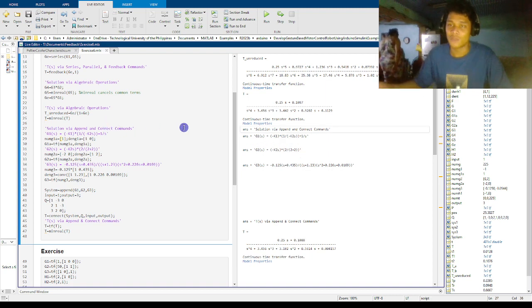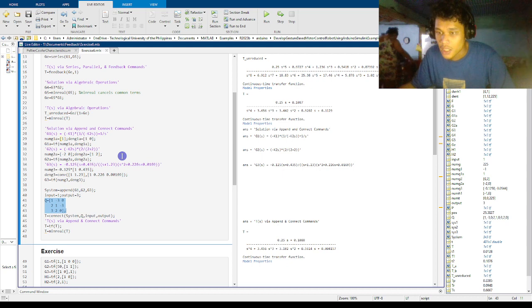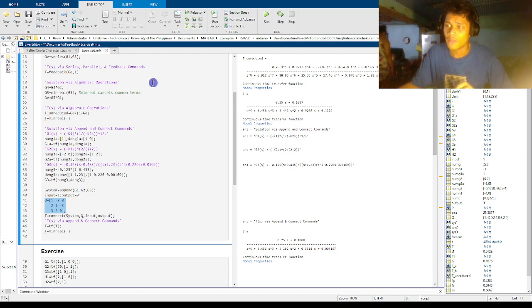Rather, append is more of the parallel, while connect is more of the cascade. The problem is it requires the use of a matrix defined as Q. So this is slightly more difficult than it should be compared with the algebraic and series, parallel, feedback commands.